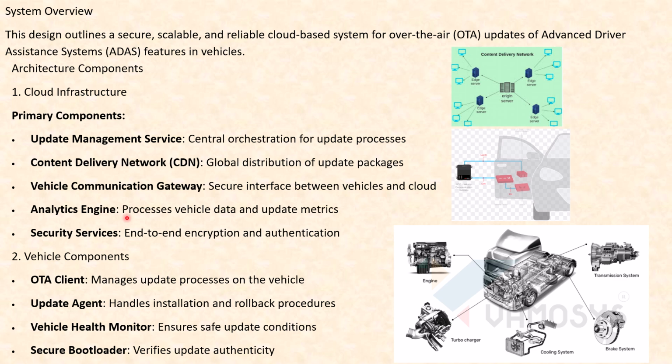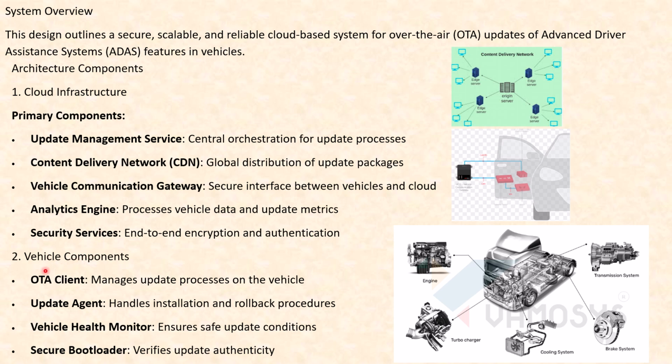Third is the analytics engine. It processes the vehicle data and update metrics. And fourth is the security service, end-to-end encryption and authentication. When it comes to end-to-end encryption and authentication, this is a part of cyber security. Now, these are the primary components of the cloud infrastructure.